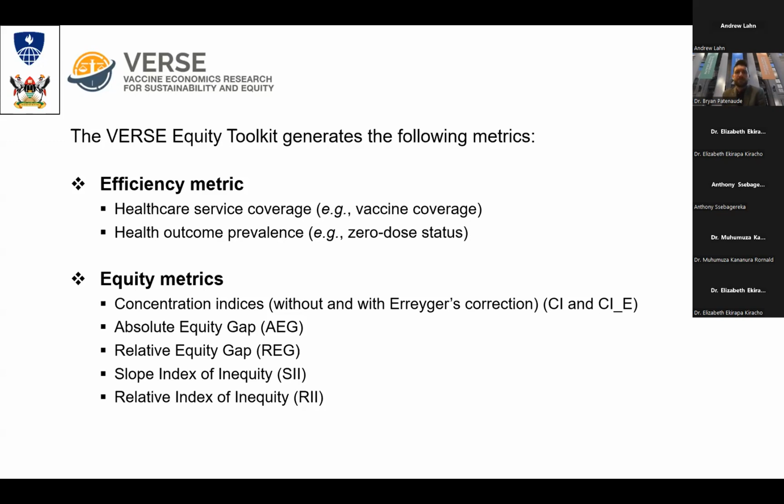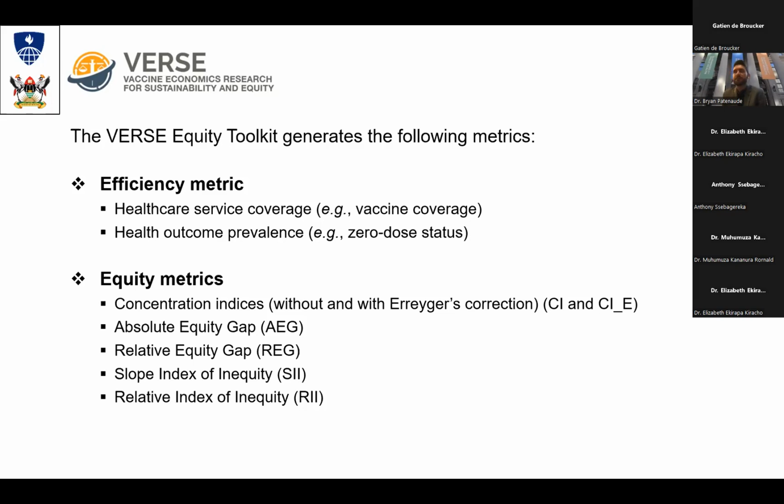And then we have health outcome prevalence. So we can take a look at things like service coverage, zero dose or vaccine coverage individually, DTP, MCV, et cetera, or we could take a look at health outcome prevalence. So we have a couple of key outcomes for vaccines, and you can look at other things too. But for vaccines, we use zero dose. So whether or not you've received any dose of DTP or any vaccine by the age you're supposed to.